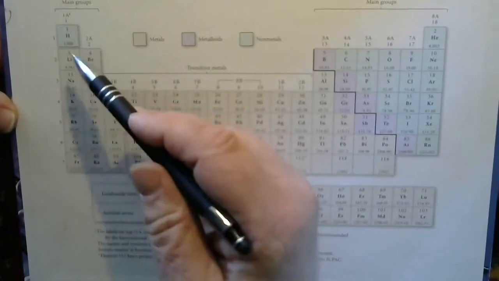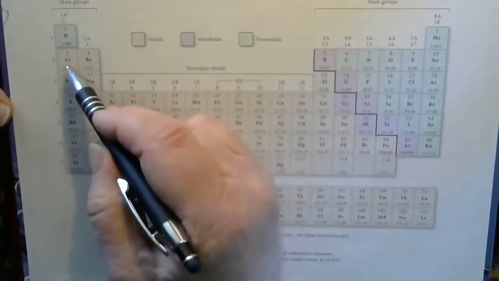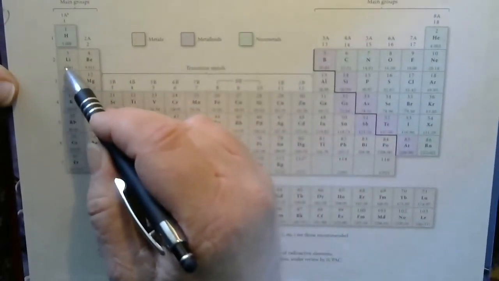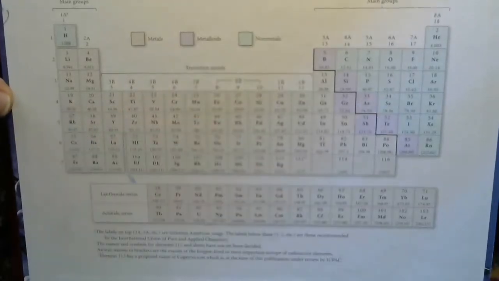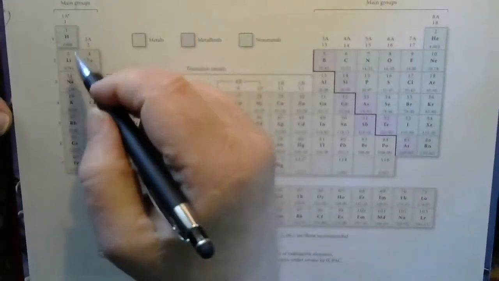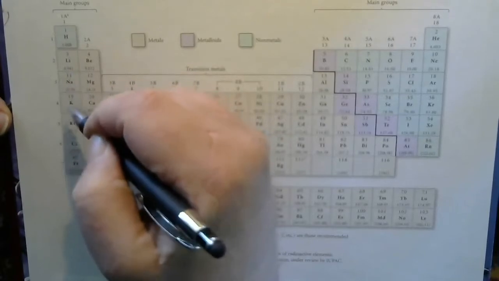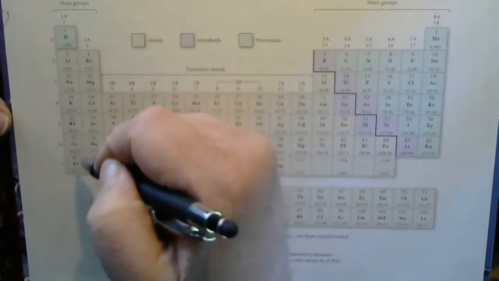The reason why the atomic radius increases going down a group is really obvious and really totally makes sense. It's because as you go down a group, you notice the period number increases. The period number is the number of the valence shell. So you're adding more and more complete shells of electrons onto the atom as you go down a group.